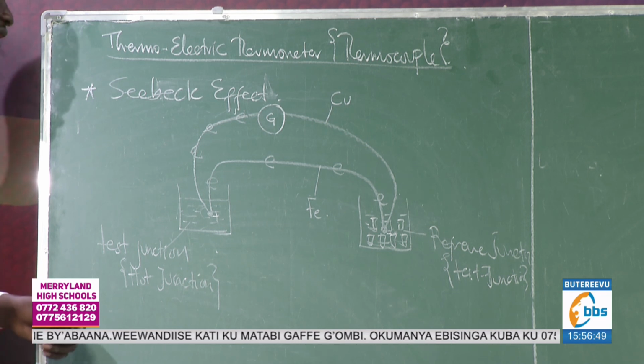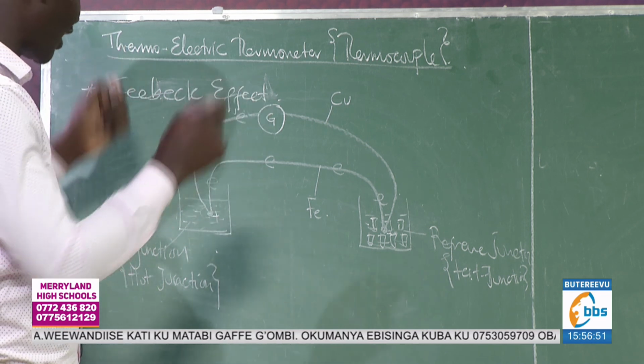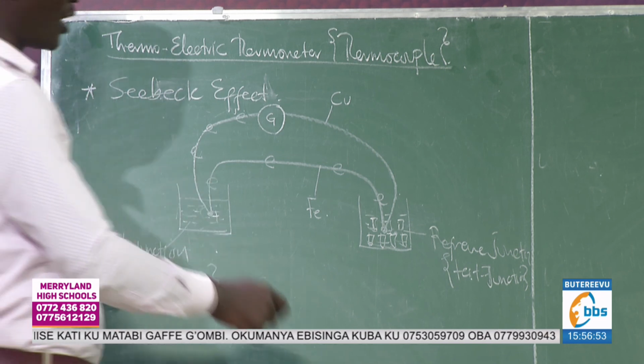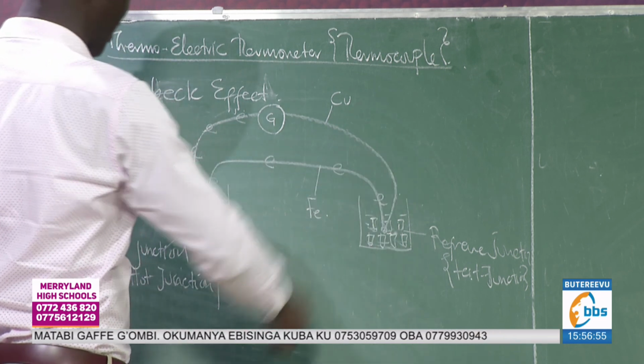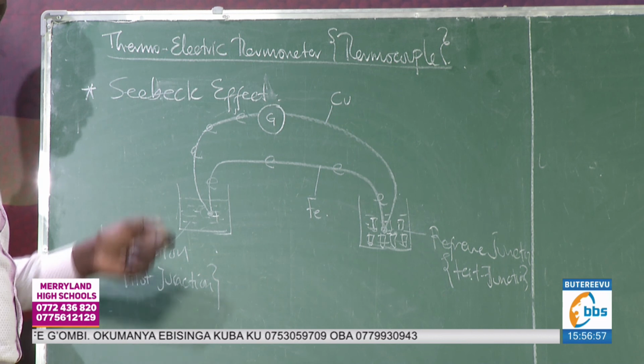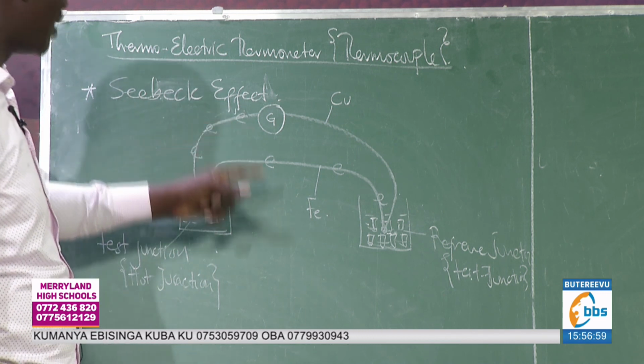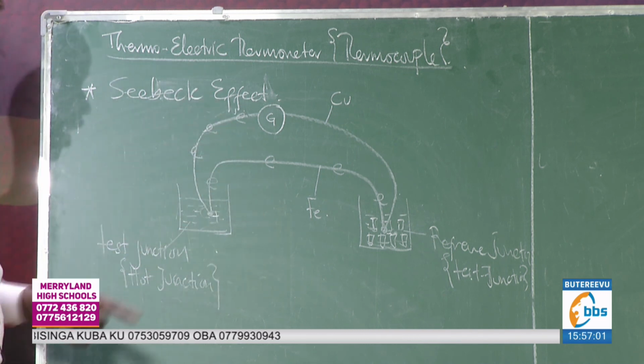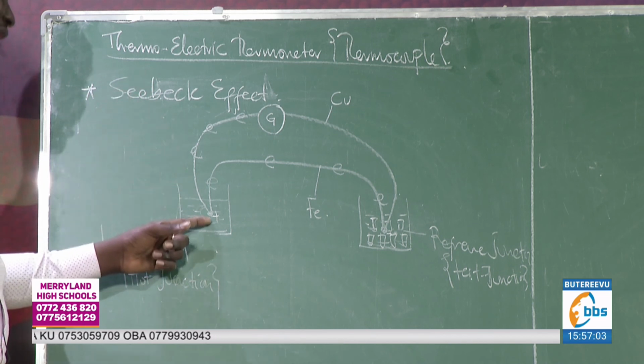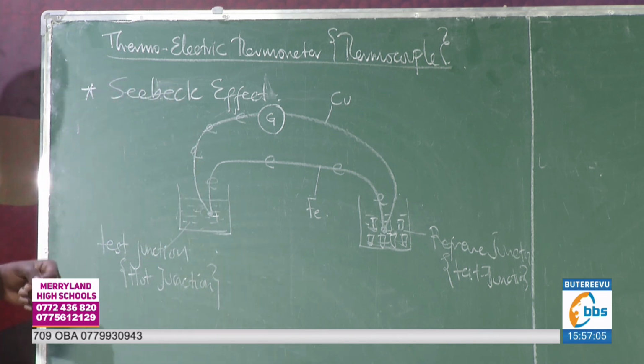Because we are seeing that if you have two wires of different conductivity and you maintain one of them at a different temperature and then you maintain the other at a higher temperature, always an EMF will be generated across the wires as explained using the Seebeck effect.